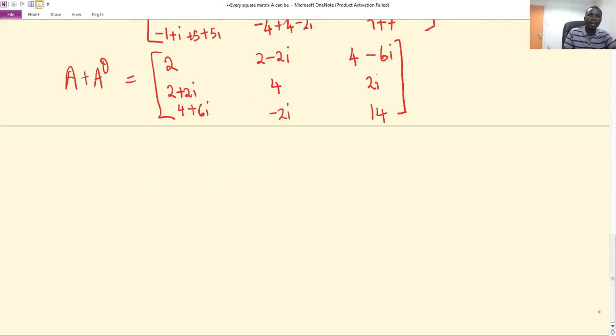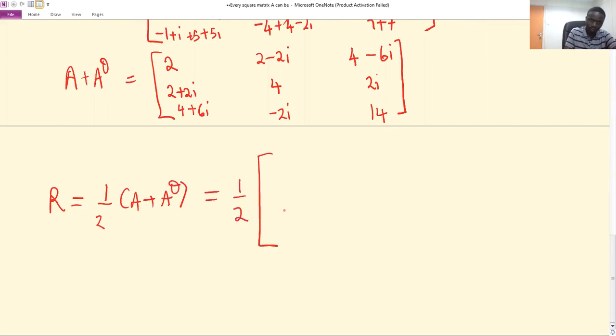Then R is given by half into A plus A power theta, which is half of 2, 2 minus 2i, 4 minus 6i, 2 plus 2i, 2i, 4 plus 6i, minus 2i, 14.